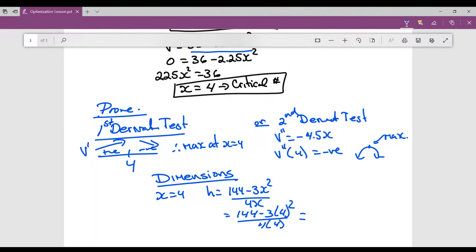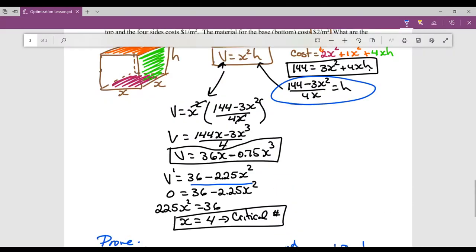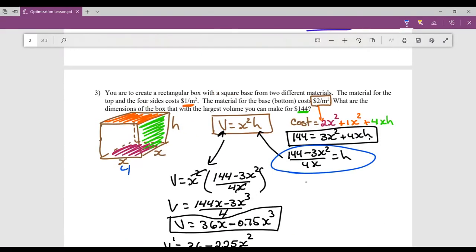If we do all that, it should spit out the nice number of 6. So the dimensions of the box are 4 by 4 by 6. If you mark on the box, 4, 4, 6.